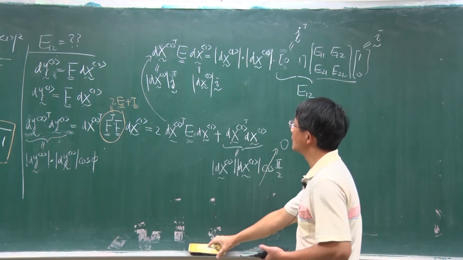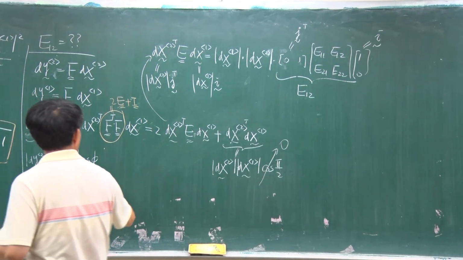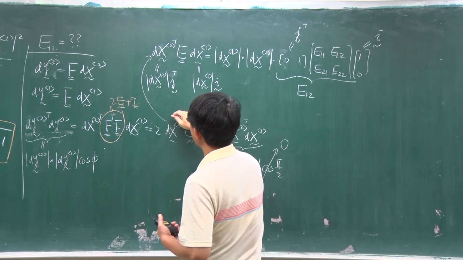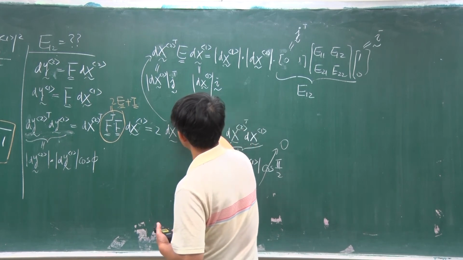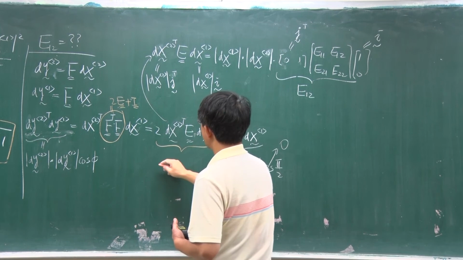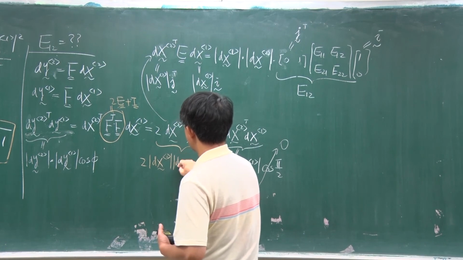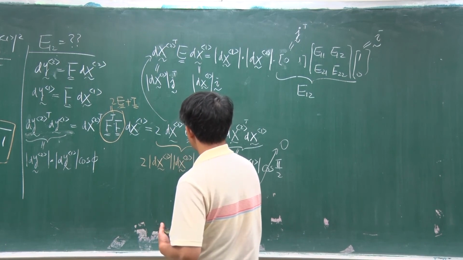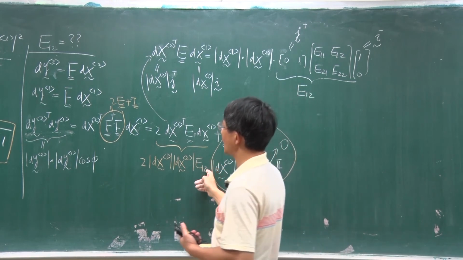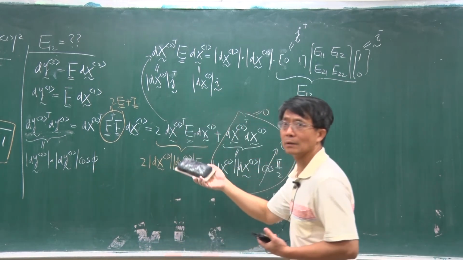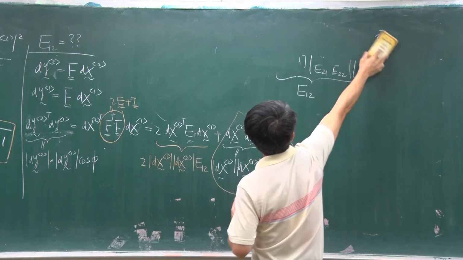So let us summarize our result here. We get this after the calculation, and this term is 0, right? So E12 comes out like this. Now let us erase the backboard here, and you can copy it down by yourself.